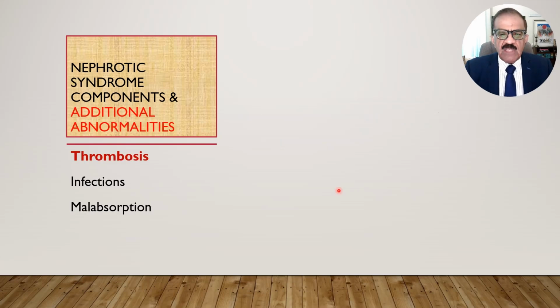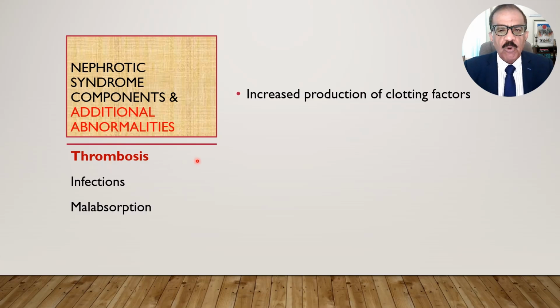So these were the essential components, but there are some additional abnormalities which I think are equally important to understand, because they might also require some further investigation and some further treatment intervention. Thrombosis: these patients with nephrotic syndrome are at an increased risk of thrombosis and thromboembolic disease.